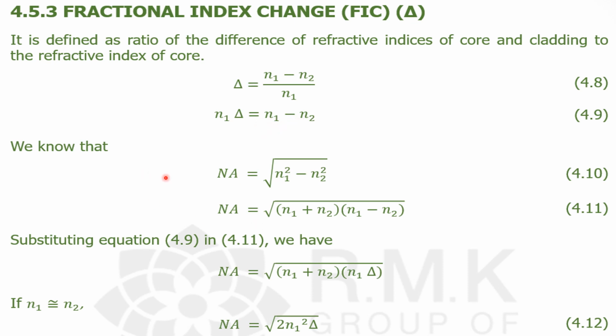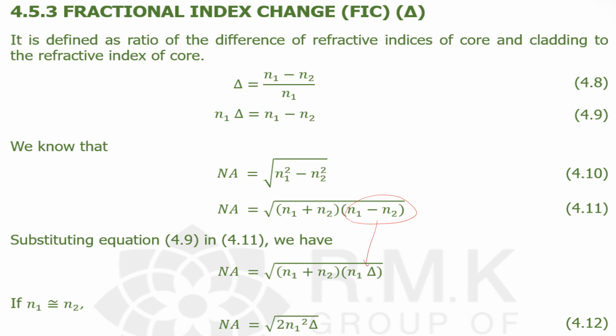So now what do I know? Numerical aperture NA is equal to square root of n1 square minus n2 square. Just now we saw, assuming the outside medium to be air, I will get this expression. So this is something like a square minus b square, which can be expanded as a plus b into a minus b. Okay, so n1 plus n2 into n1 minus n2. So what do I write for n1 minus n2 from this equation? As n1 into delta. So I substitute in the place of n1 minus n2 as n1 into delta.